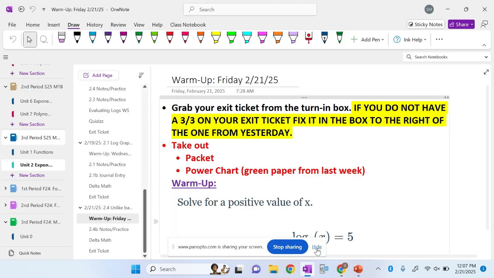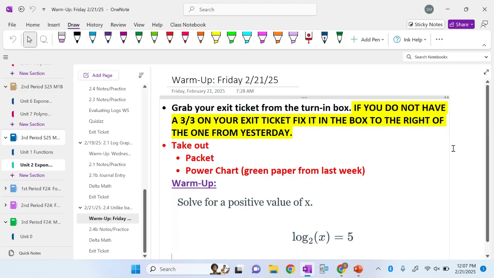All right, another way to think about it with logarithms is if, let's say we had the log base 2 of 8.